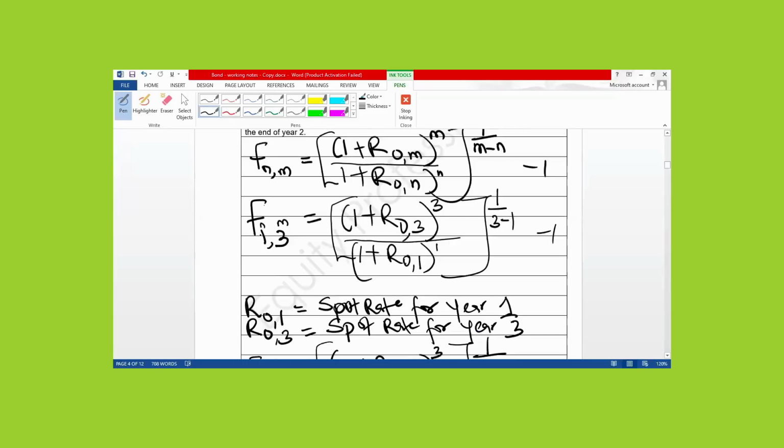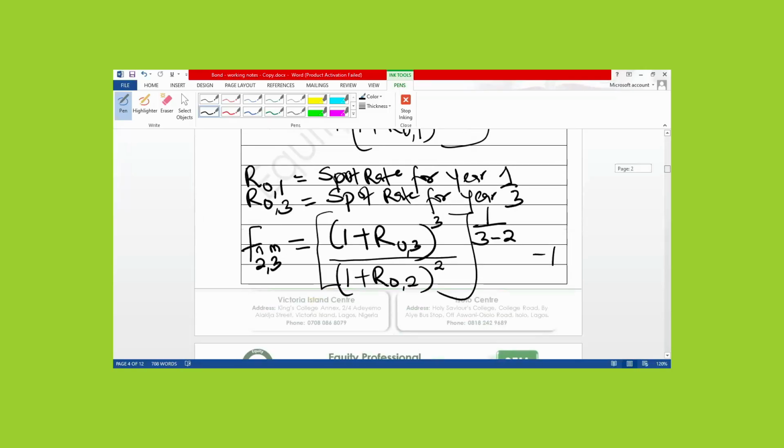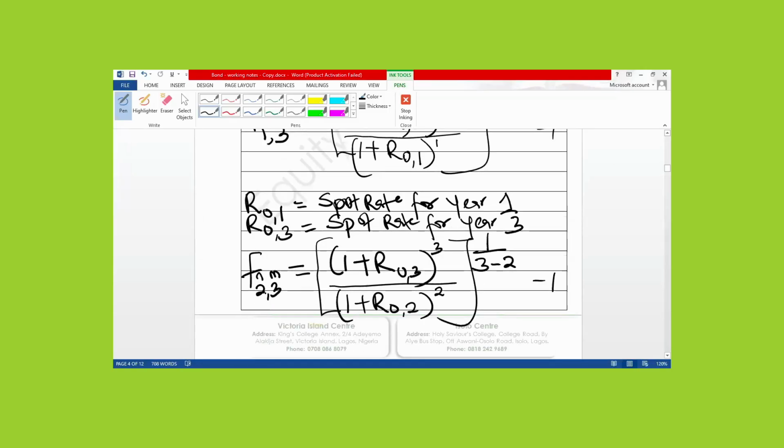We have resolved 2 years forward rates at the end of year 1. We now come here, look at it. 1 year forward rate at the end of year 2. We have defined the formula before.